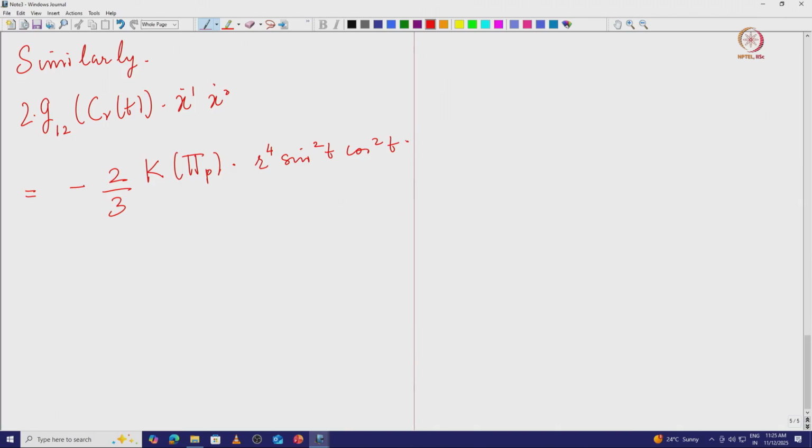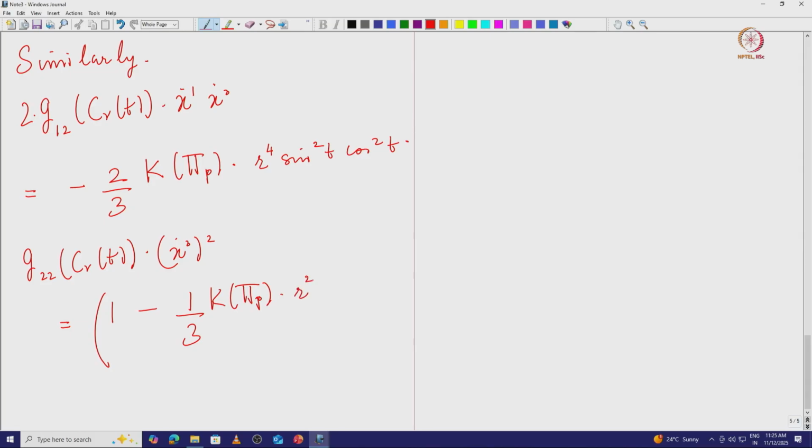Okay. And similarly G22 is given by 1 minus 1/3 the sectional curvature term r squared cos squared t, plus of course O of r cube.